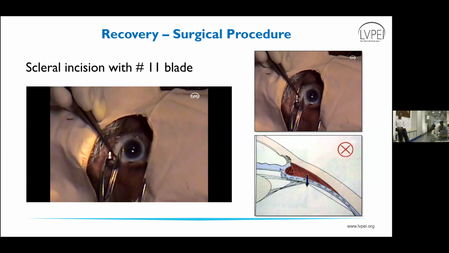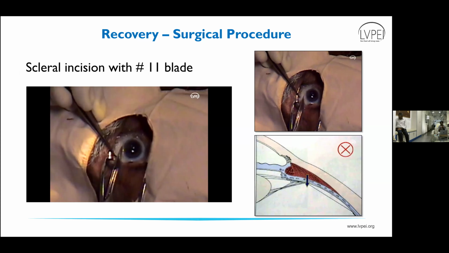Next, the incision. We have to make a small incision for the corneoscleral rim excision using a number 11 blade and a fresh fixation forceps taken from the tray. Make a small incision of about 2 to 3 mm, parallel to the limbus.